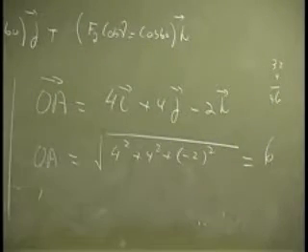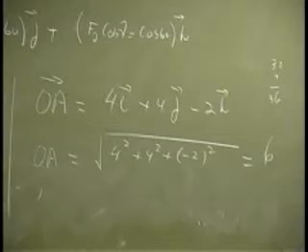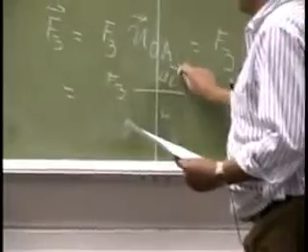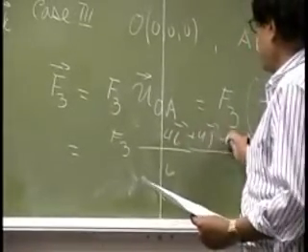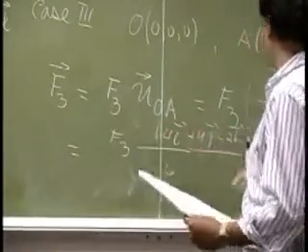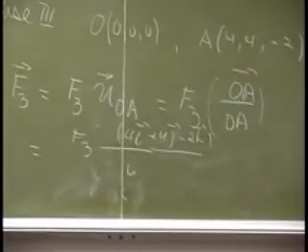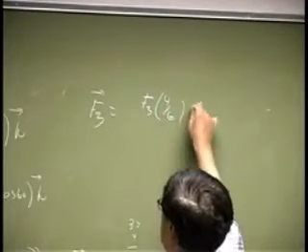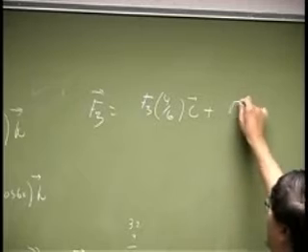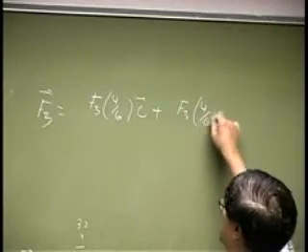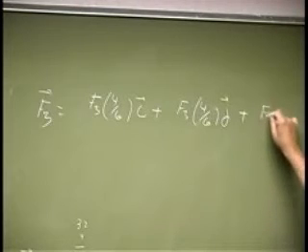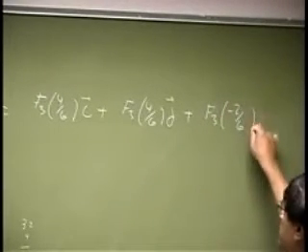So your third force, which is F3 divided by 6, then we have 4i, 4j and -2k. Or I could write that as, let's say, F3 4/6 i, F3 4/6 j and F3 -2/6 k.